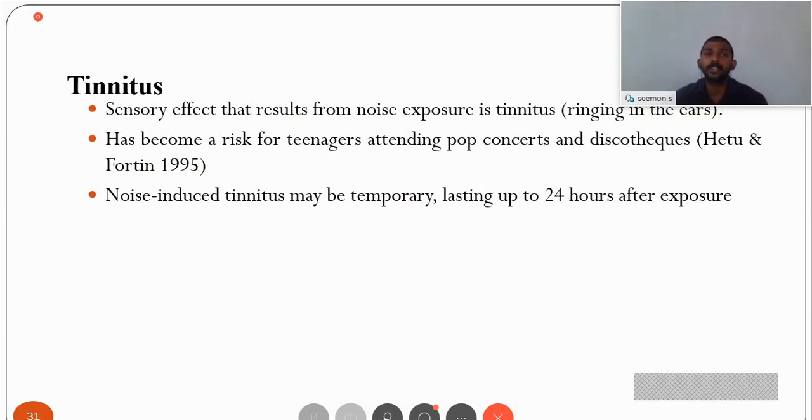Sometimes after 24 hours it may reduce, but continuous exposure to the same intensity of noise may cause permanent damage to the ear. A study found that most teenagers attending pop concerts and discos are getting more damage.